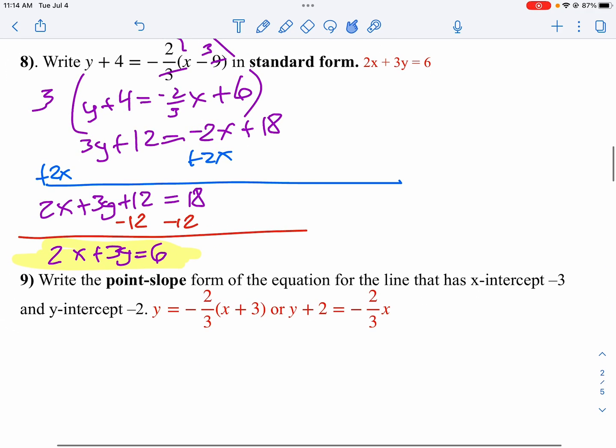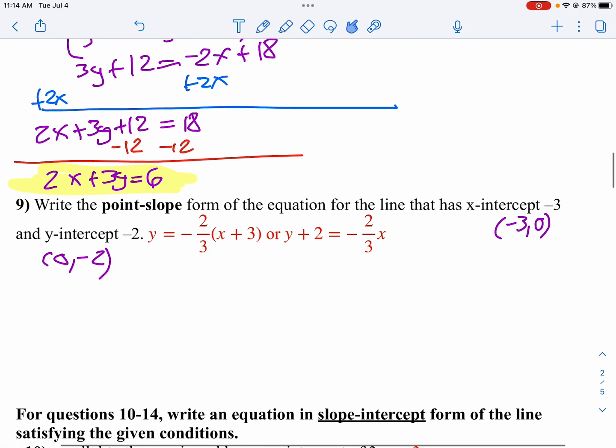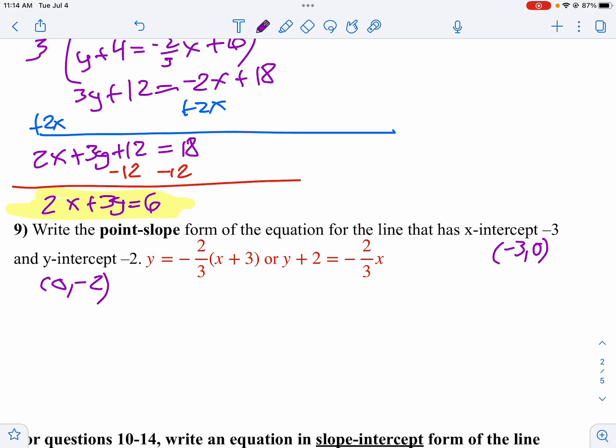On question number 9, I want to write the point-slope form of an equation that has an x-intercept of negative 3 and a y-intercept of negative 2. Well, remember, x-intercept of negative 3 means negative 3, 0. Y-intercept of negative 2 means 0, negative 2. Now I've got two ordered pairs. So the first thing I'm going to do is find the slope between these 2 points.